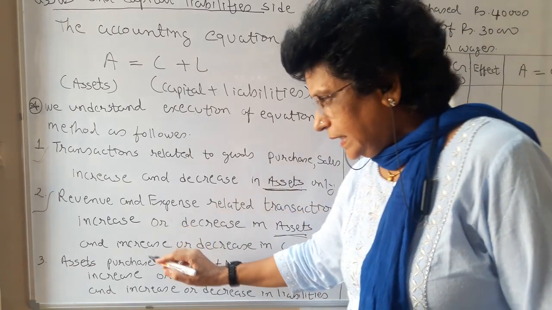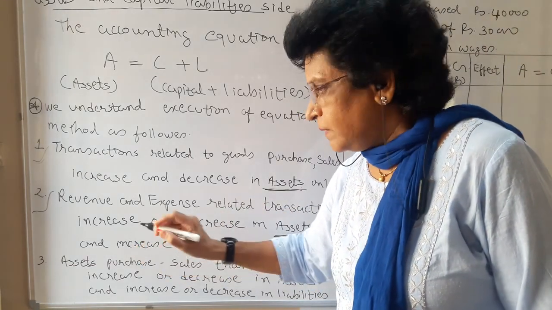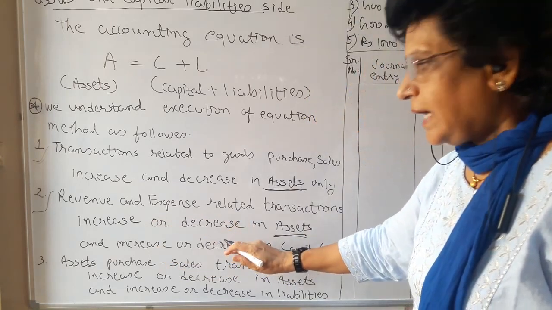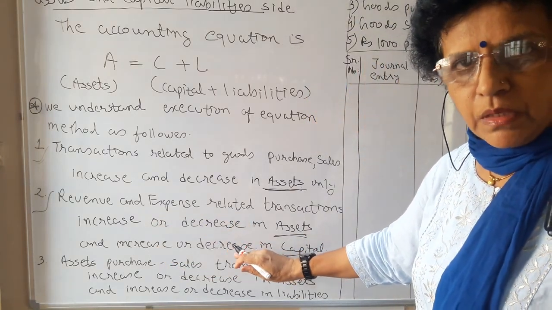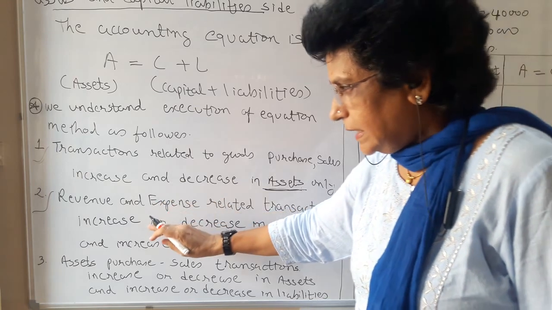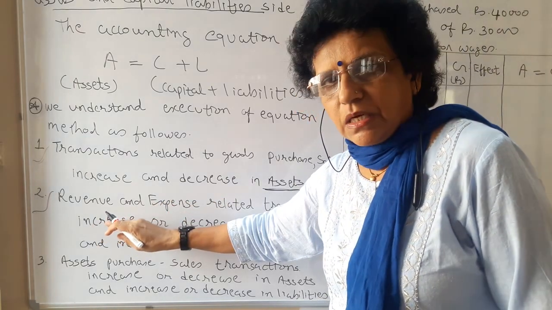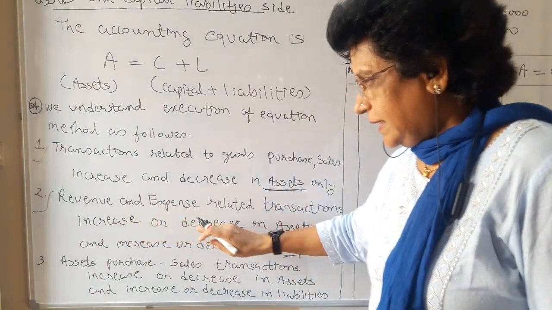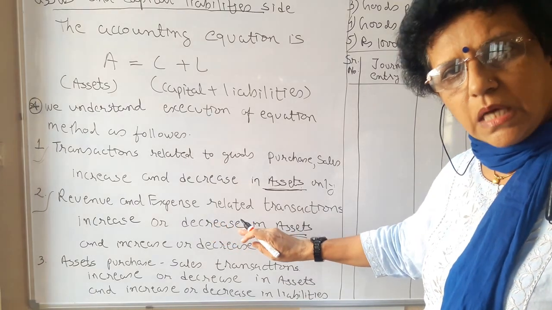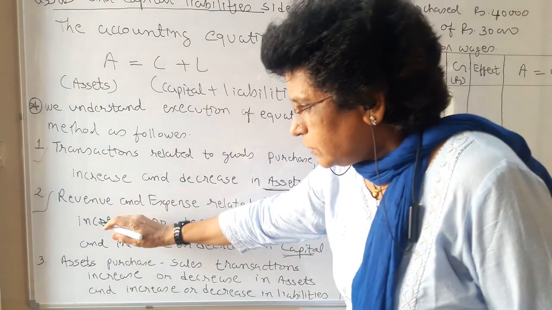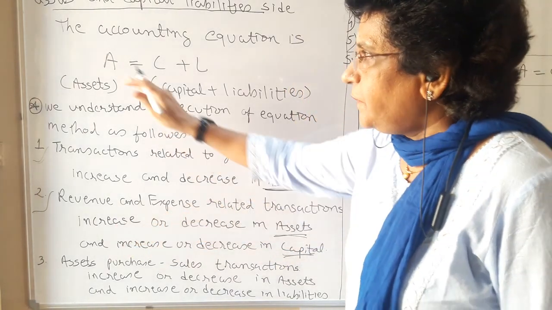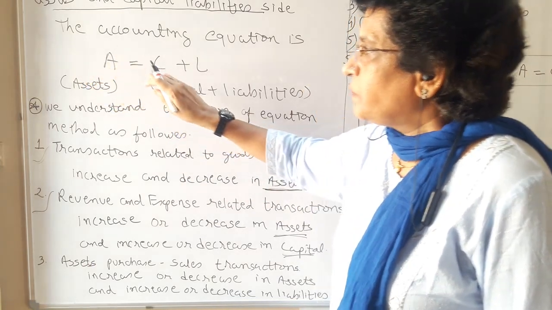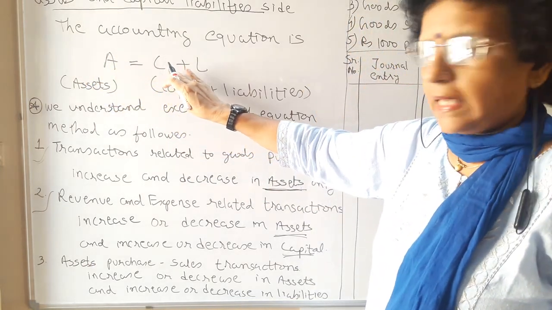If you have an income, capital increases. If you have an expense, capital decreases. Like that, if it is an income, cash comes in. If it is an expense, cash goes out. So here the two folds are, one effect will be on the asset side, another effect will be on the capital side.